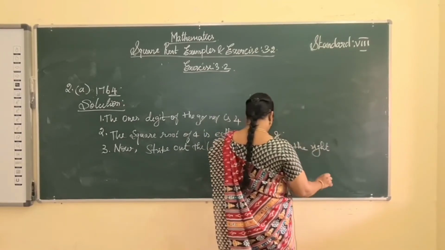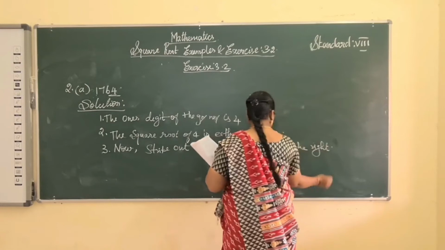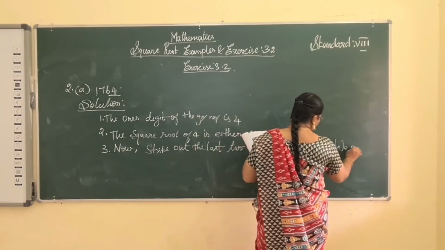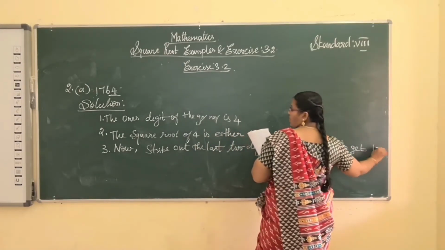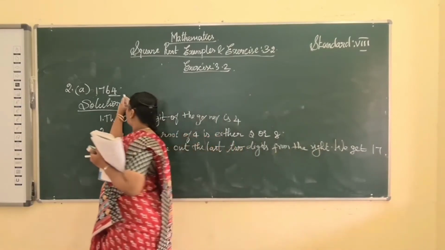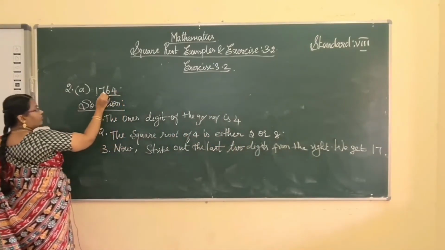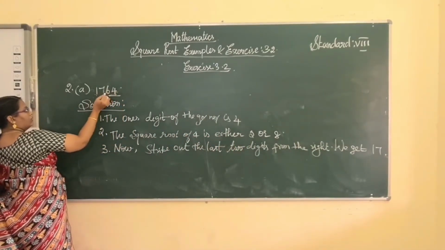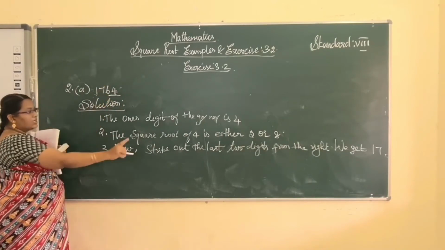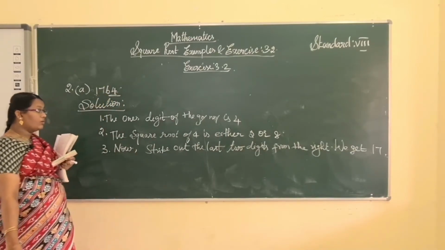What remains is 17. So strike out the 2 digits from the right side, and the remaining is 17.